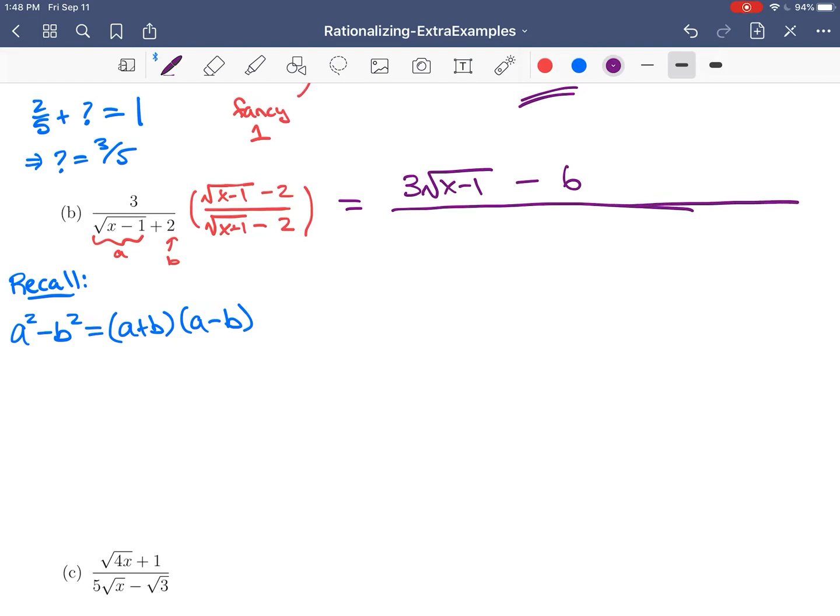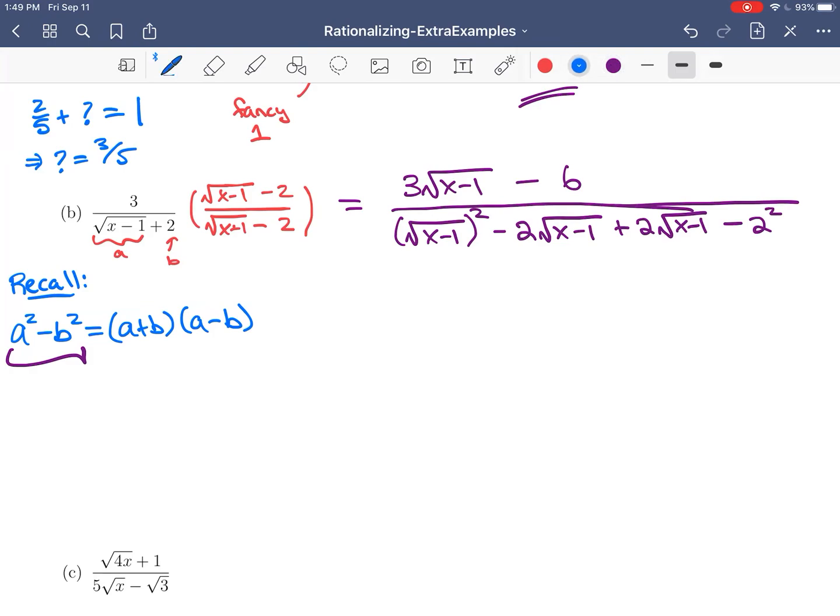And on the bottom, I'm going to expand it all out so you can see why this works. But we know that we're going to get a squared minus b squared. So we should get at the end the square root of x minus 1 all squared minus 2 squared. But let's use our FOIL. So we're going to have square root of x minus 1 times itself, so that's squared, minus 2 square root of x minus 1, plus 2 square root of x minus 1, plus negative 2 times 2.